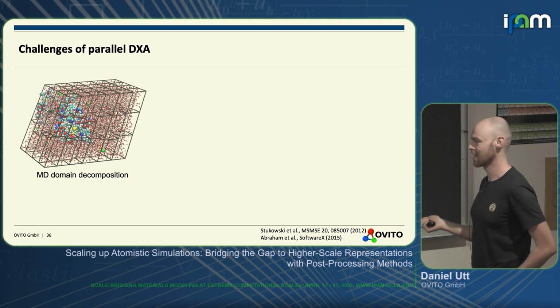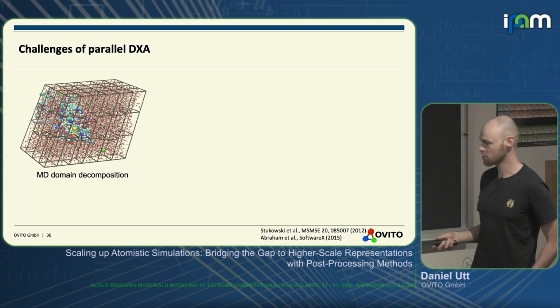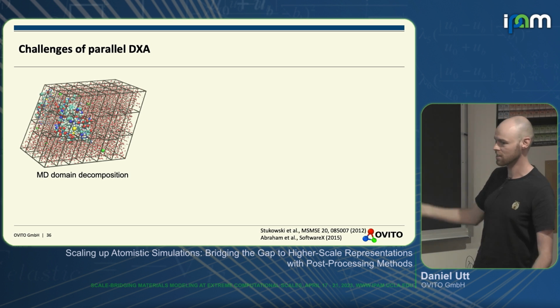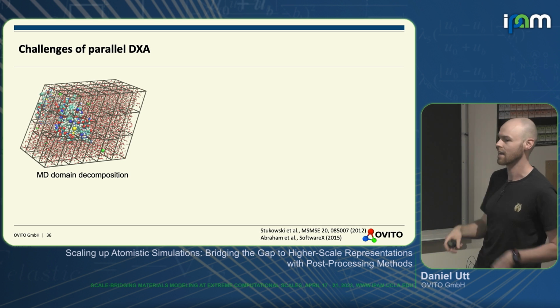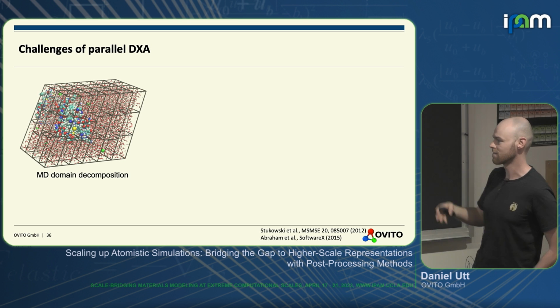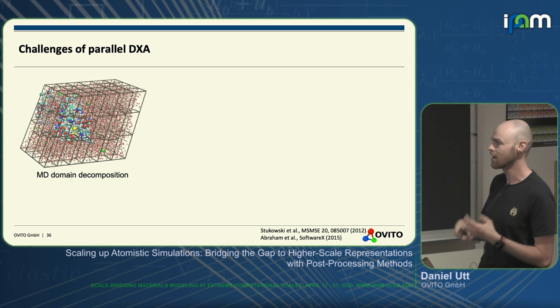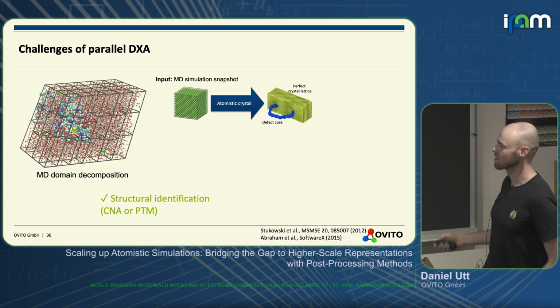In large-scale MD, that usually means some kind of spatial decomposition. We have a domain structure where each processor only knows about a small subset of atoms and maybe some surrounding areas. The atoms are located in a distributed memory sense, where not each processor can know about all atoms.